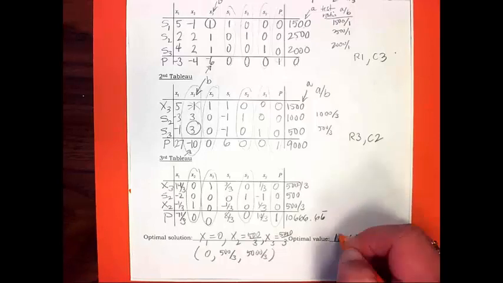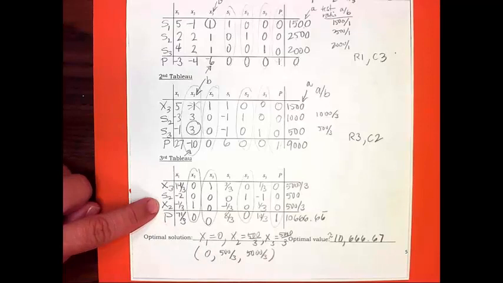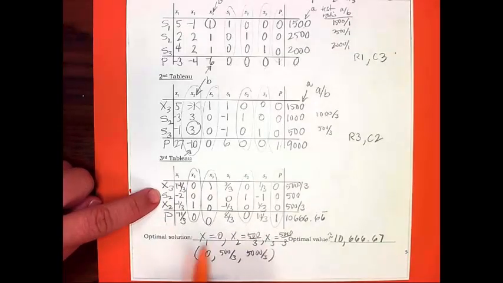10,666.67 approximately. Usually WebAssign wants you to round to 2 places, but if it asks for exact, you could do the fractional form. So this means that anything that's not active is inactive, and all the inactives are equal to 0 in the optimal solution. So we have x1, of course, is equal to 0 because it's not active, and then we also know that s1 is 0 and s3, because it's not active, is equal to 0.